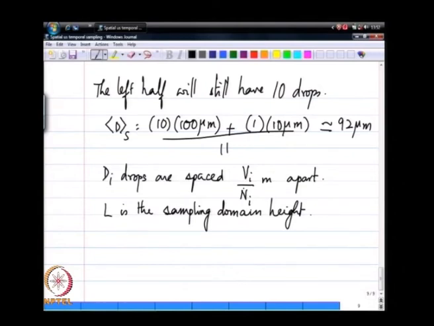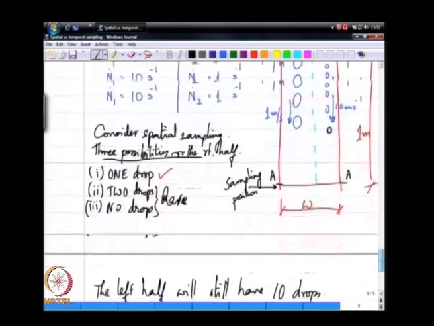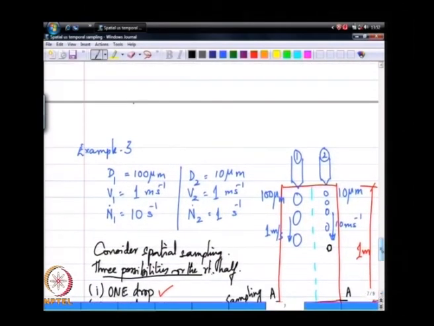I will take a situation where L is much greater than any of V I divided by N I dot. Okay, so, let us say I will recreate this situation where V I is not 1 meter per second, but let us say 10 centimeters per second or 1 centimeter per second, and N I dot is like 1 per second or 10 per second, and we end up packing the drops much closer now.